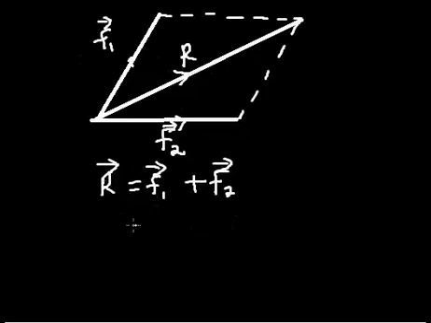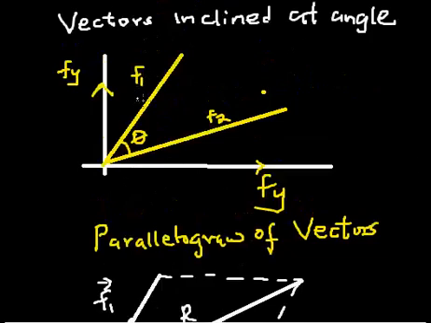Remember, both f1 and f2 vectors, as you can see from this diagram, are neither horizontal nor vertical, they are inclined at an angle. That means both f1 and f2 have two components, both vertical and horizontal. I told you that anytime a vector is inclined at an angle, it's neither horizontal nor vertical, it will have these two components of vectors i and j. f1 will also have the two components, which of course are also i and j.